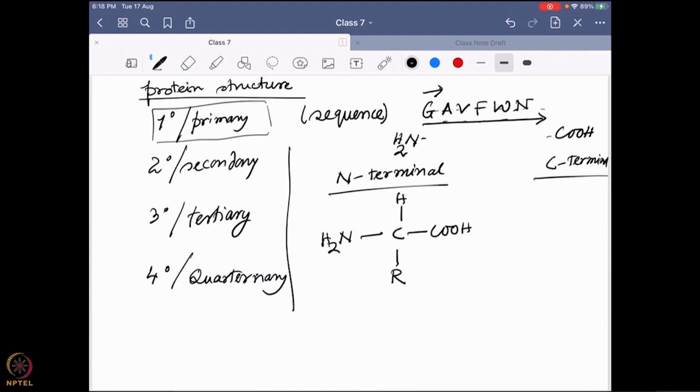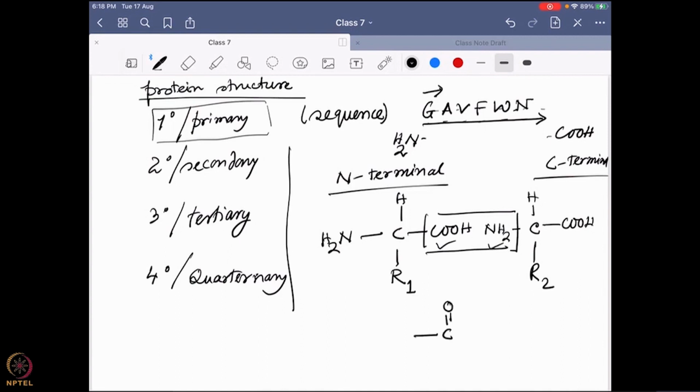Now one amino acid, if it reacts with another one, so say it is R1, reacts with another amino acid, what is going to happen? This carboxylic acid and amine group are going to react. Acid group and basic group, they actually react, and they form this amide bond. The rest of the things remain the same.